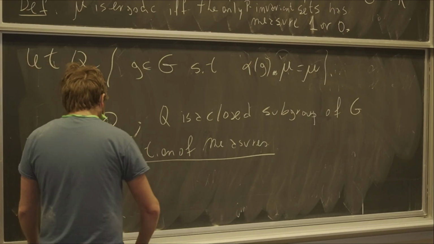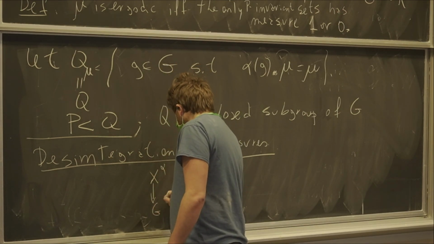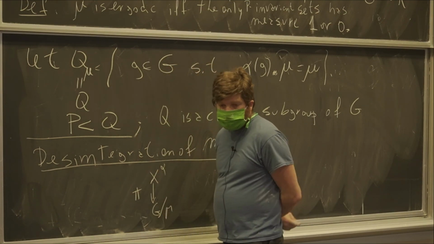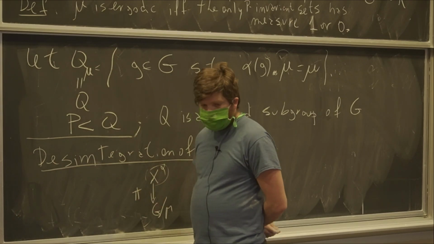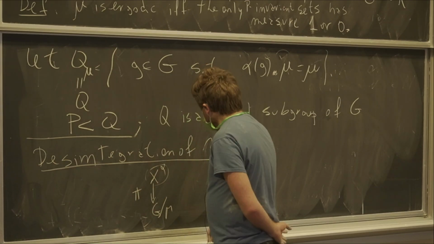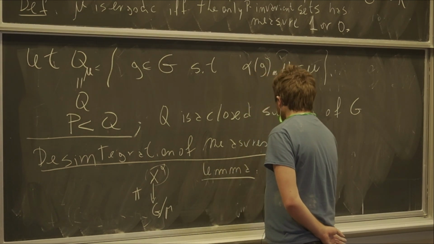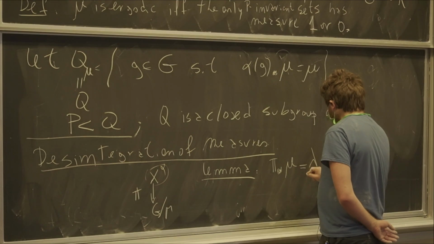So remember, we have this fibration, and so I have a measure on this ambient space. Now the first lemma, which we will be proving later, says that P star mu is lambda.